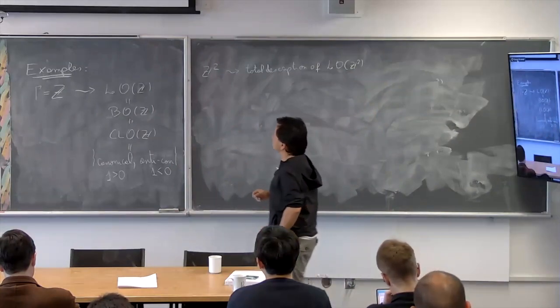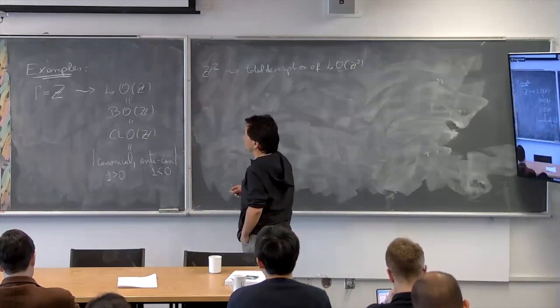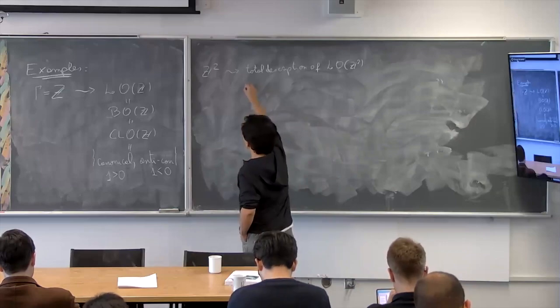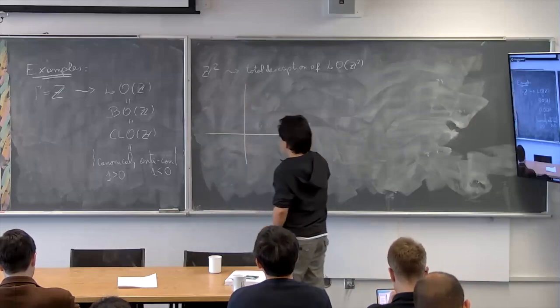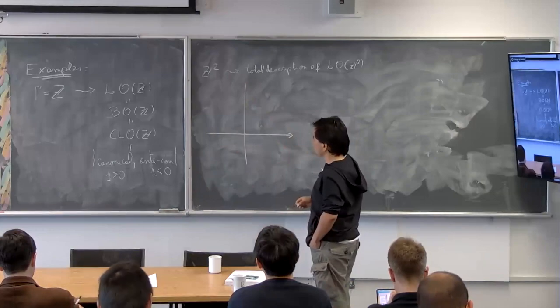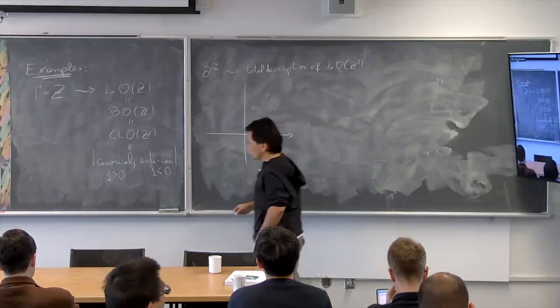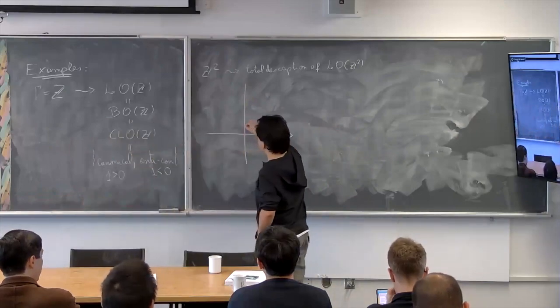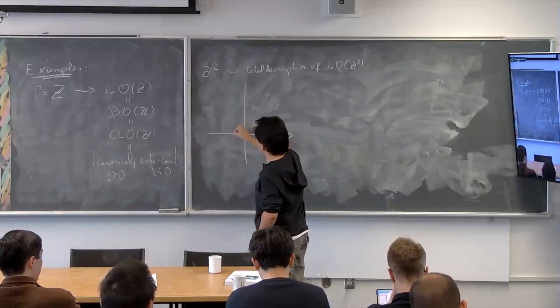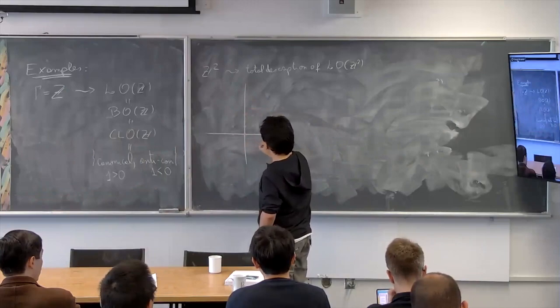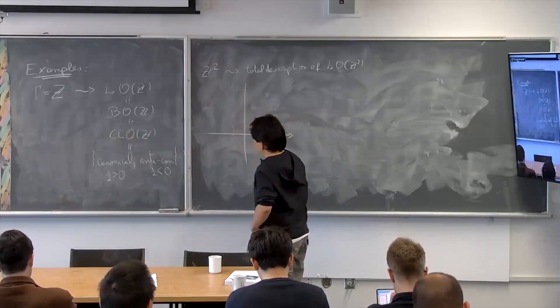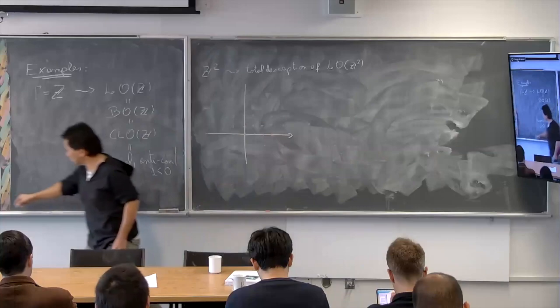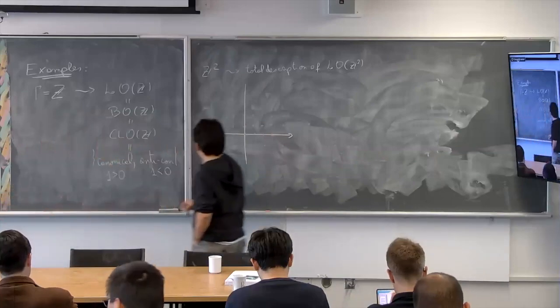So I will start by recalling this example. There are 2 types of orders on Z^2, and essentially they are like this. This is the Cayley graph of Z^2, the set of lattice points in the plane, and an order is determined by two things.